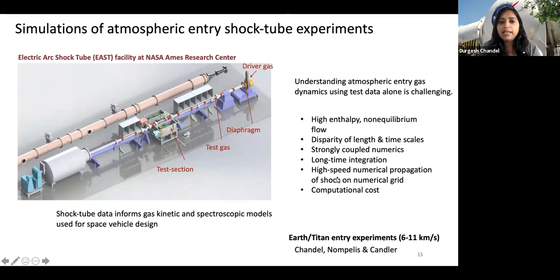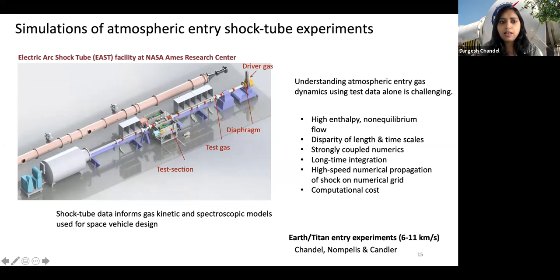In terms of numerical stability, accurate prediction of numerical propagation of this shock wave on the computational grid becomes important, and capturing all the key flow features becomes computationally expensive.